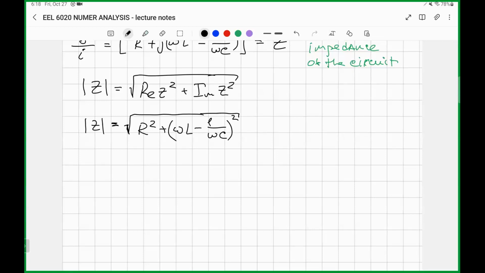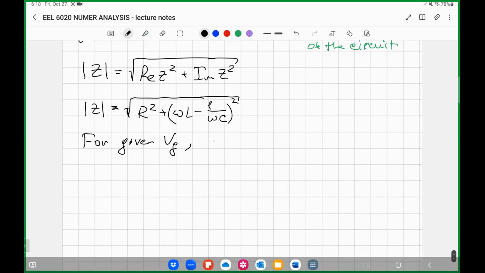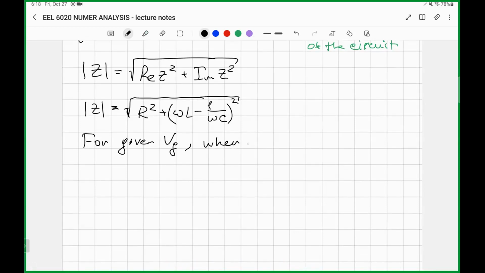For what parameters would I get the maximum current in my circuit? So for the given generator, when is the max current?